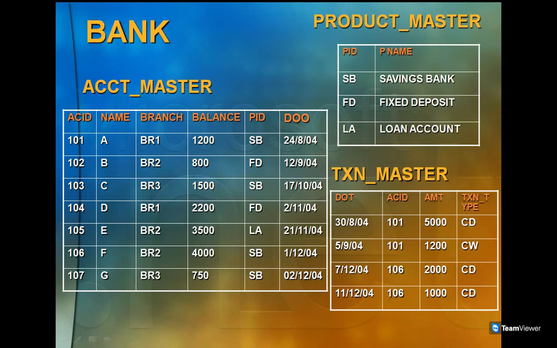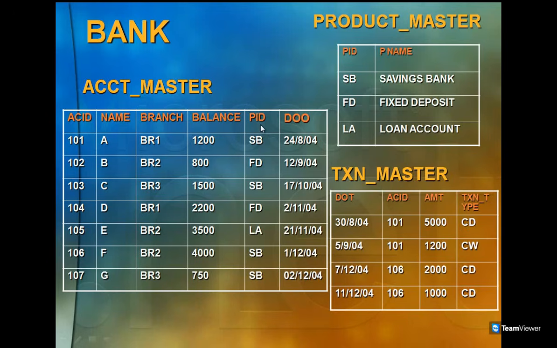We have an account master table, where you have complete information about the customer. Whenever he opens an account, the information gets registered in the account master table. For example, account number 108, say Ramesh, the branch BR1 or BR2, and the balance.